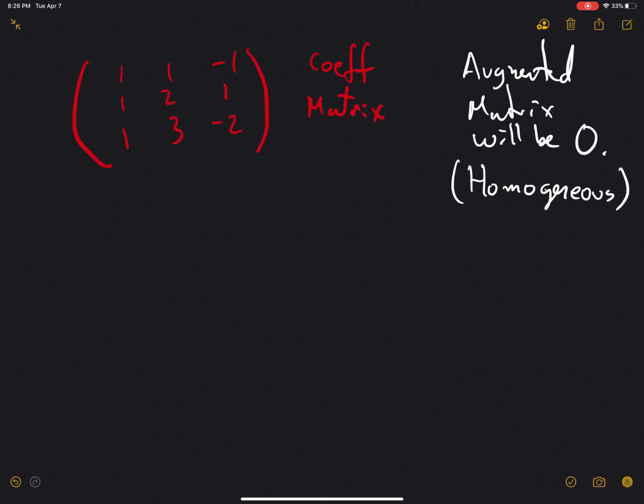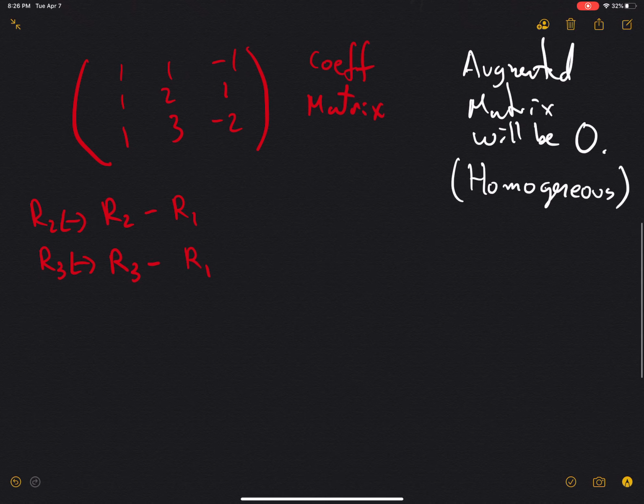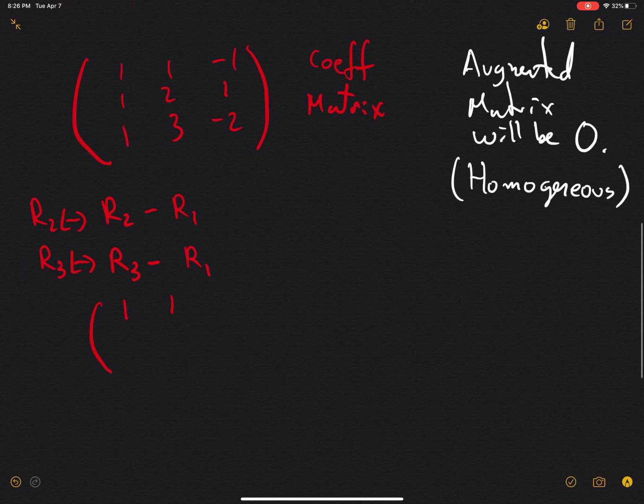I'll replace the second row by the second row minus the first row, and I'll replace the third row by the third row minus the first row. If I do these two operations, the first row will remain the same, 1, 1, -1. The second row will be 0, 1, 2, and the last row will be 0, 2, -1. So I just did those two operations at once.